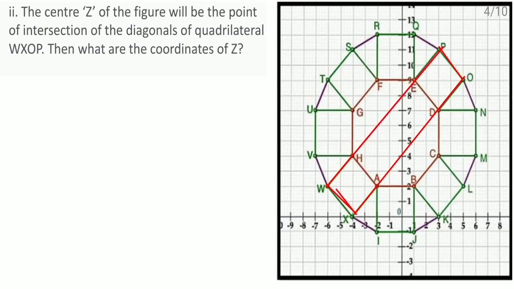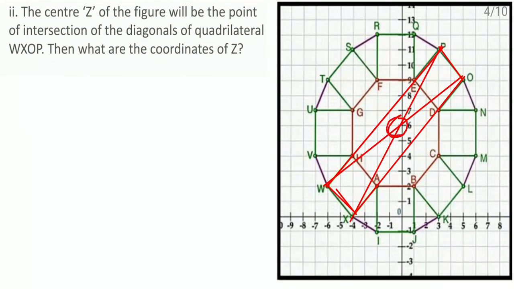Now this line and this line are parallel. Even the other two lines are also parallel. And this is a rectangle. In a rectangle, the diagonals are equal, and this point is the intersection point. We need to find out the coordinates of this point Z.